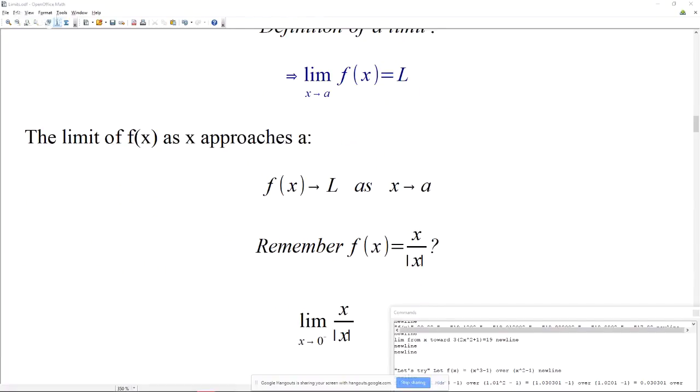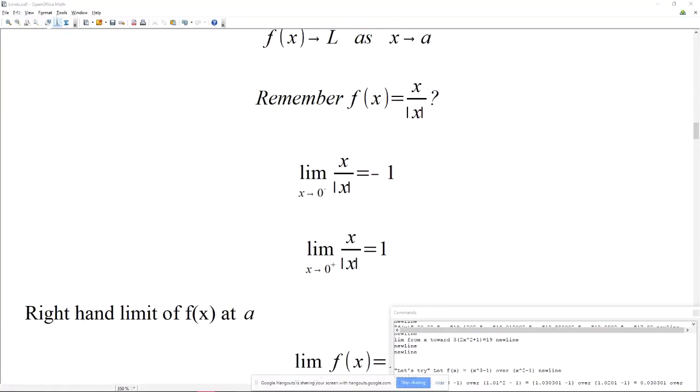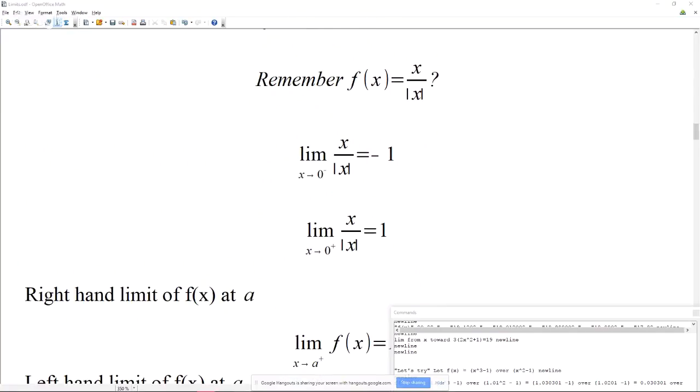So when you break this down from the right and left, the way we write this is this negative sign or plus sign here. If I say the limit as x is approaching 0, minus is always from the left. Negative to the left.